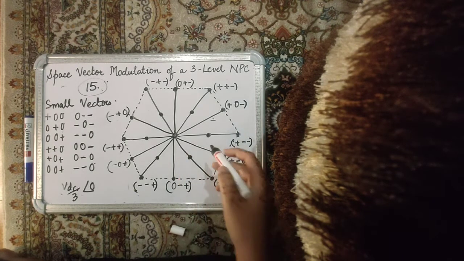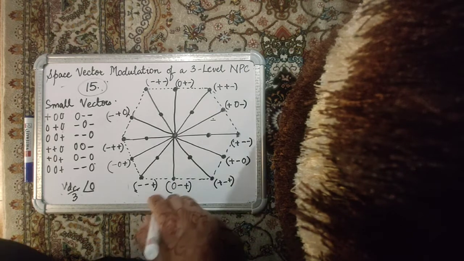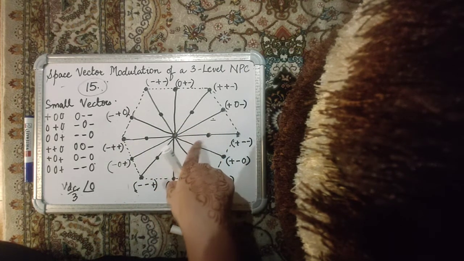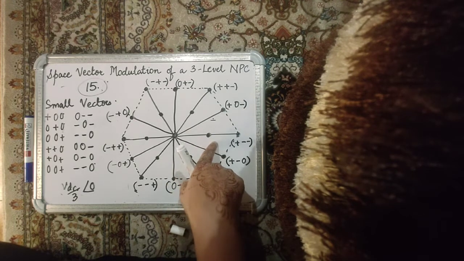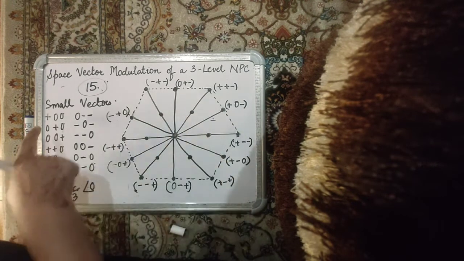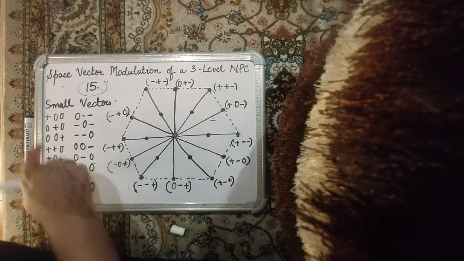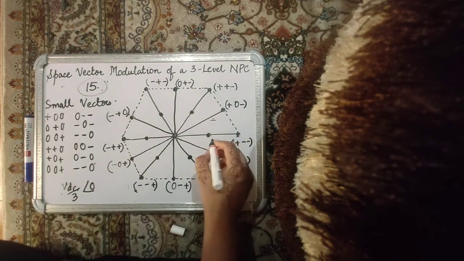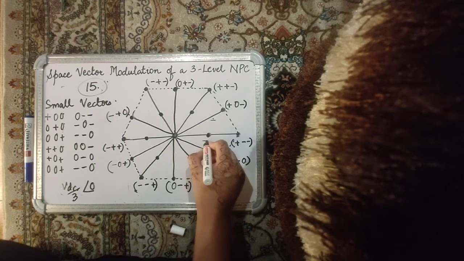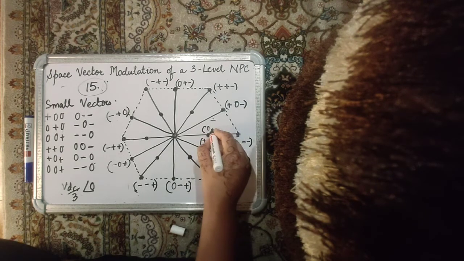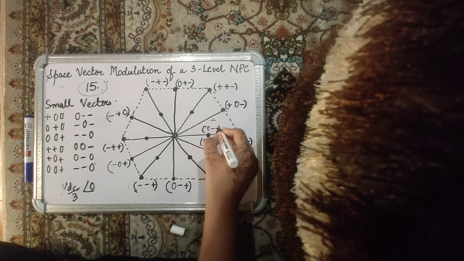So these are all along the large vectors, but half of their magnitudes, and these are your small vectors. They occupy 6 positions, but they are 12 in number because there is a redundancy of 2. If you take this state plus 0 0, it is also 0 minus minus.